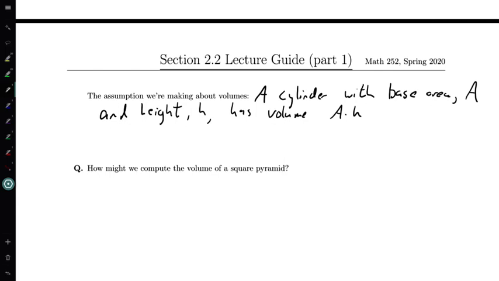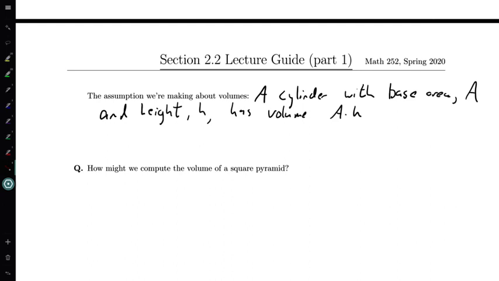And so two-dimensional regions are something that we are now experts at finding areas of. We spent some time in Chapter 1 and in Chapter 2.1 really looking at how to compute areas of various two-dimensional regions. Now that we're really good at that, what we're saying is if we can find the area of the base of the cylinder, and we know how far out of the page we've pulled the cylinder, then we can find the volume of the cylinder simply by multiplying the area by the height.